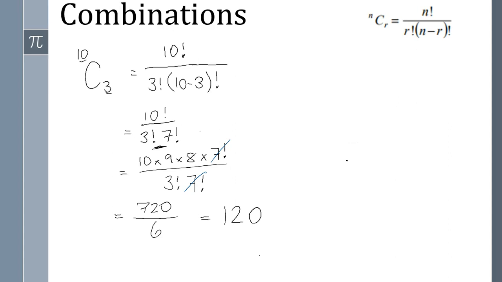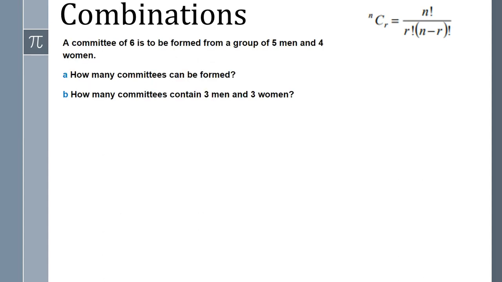So the number of possible combinations, if we're trying to pick a group of 3 out of 10 possibilities, is 120 different combinations. Now that's one type of question you get, just a can-you-do-this kind of question. A higher-up question would be one like this.